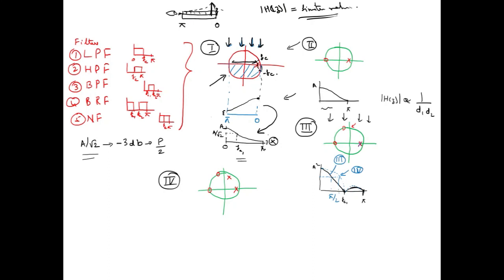Okay, so we have just reversed it to get the ideal natured plot. So as I told you, at A by root 2 we will be having the cutoff frequencies. A is the maximum amplitude, and at A by root 2 we find the corresponding Fc1 value, and it will give us the Fc value.